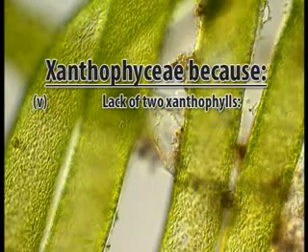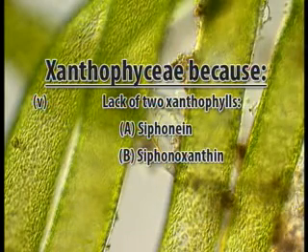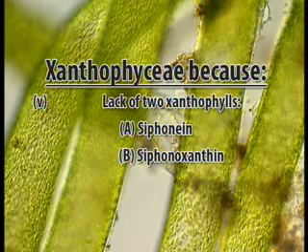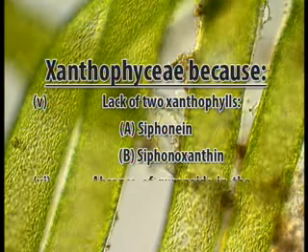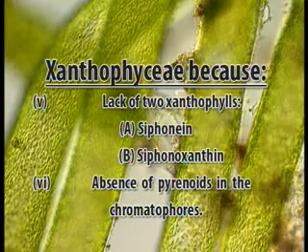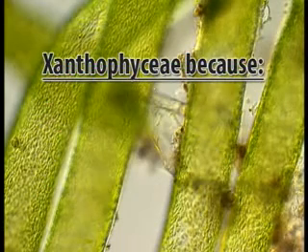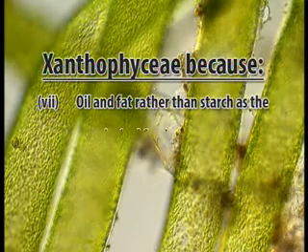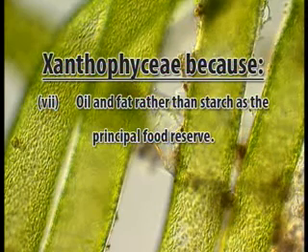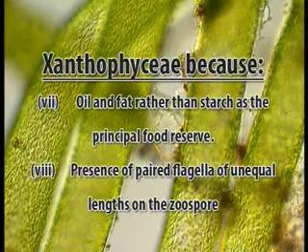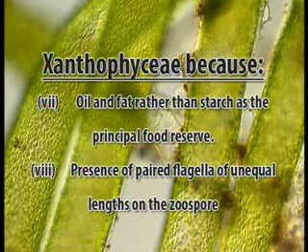Lack of two xanthophylls, siphonein and siphonoxanthin, which are of universal occurrence in the Siphonales. Absence of pyrenoids in the chromatophores. Oil and fat rather than starch is the principal food reserve. Presence of oppositely directed unequal flagella, a feature typical of motile cells of all Xanthophyceae. On the basis of these features, the inclusion of Vaucheria in the class Xanthophyceae has practically become a settled fact.